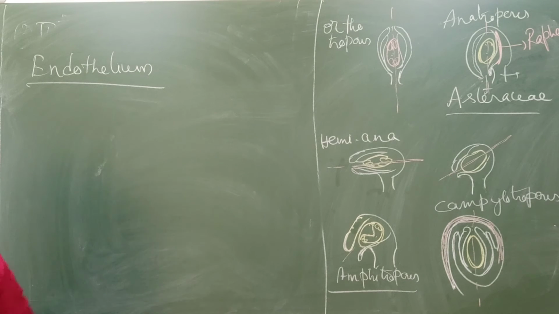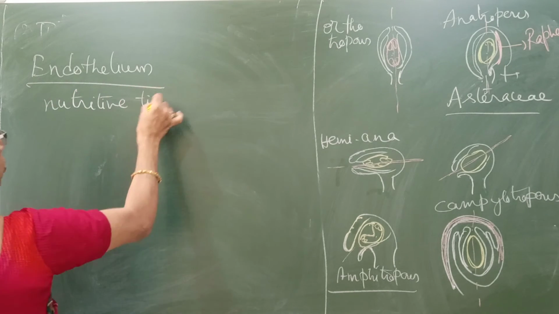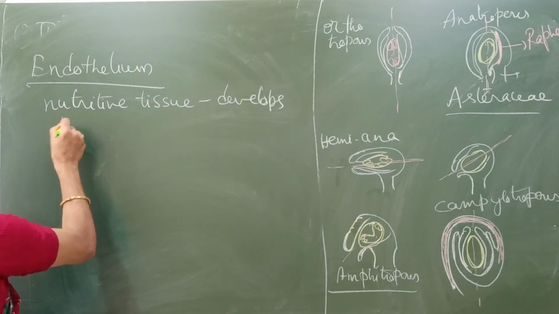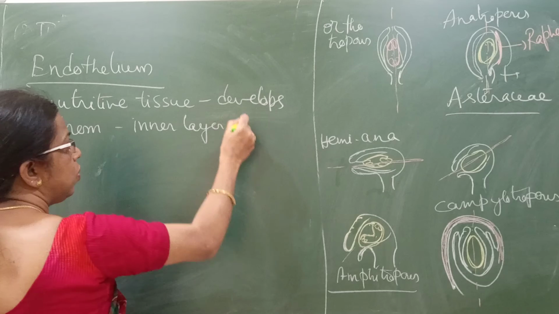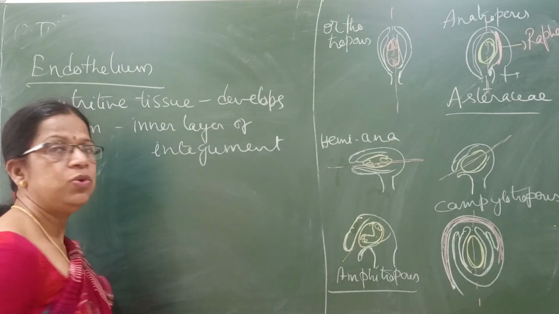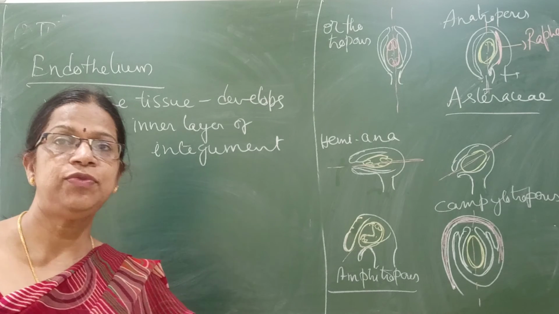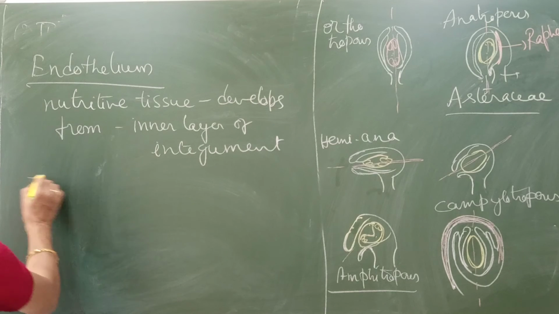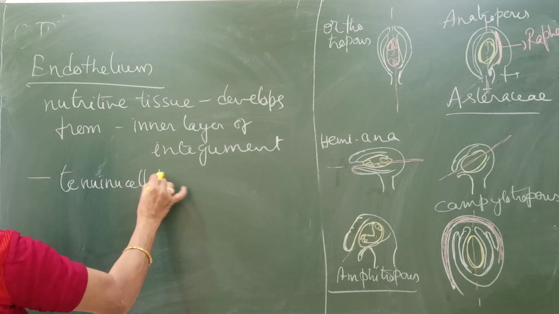Endothelium is a nutritive tissue which develops from the inner layer of the integument. That means it is just like the nucellus. Some layer of the integument also develops into nutritive tissue, which is called endothelium. It is generally found in tenuinucellate ovules.